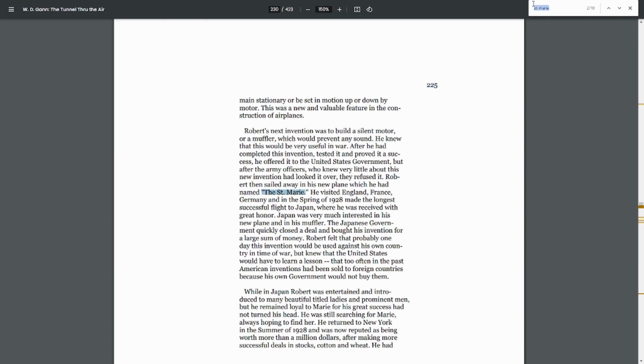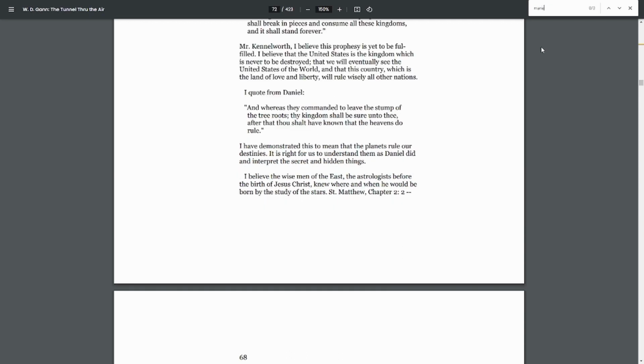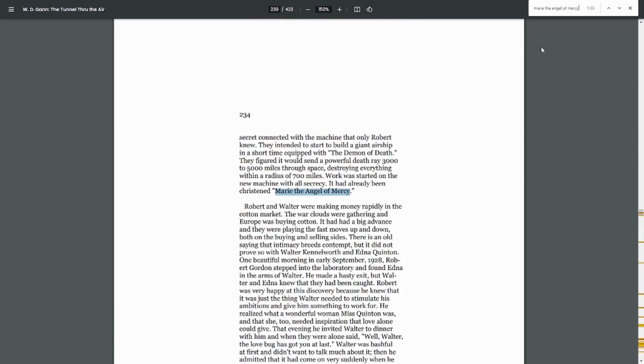And the third CR cycle is Mary the Angel of Mercy. It says that they figured it would send a powerful death ray 3,000 to 5,000 miles through space, destroying everything within a radius of 700 miles. Work has started on the new mission with all secrecy.